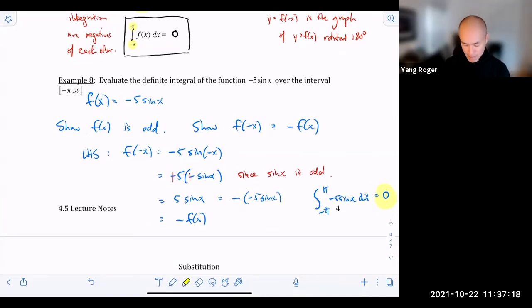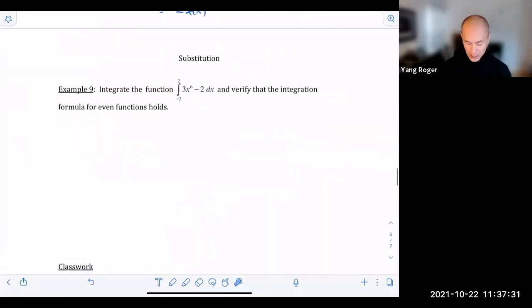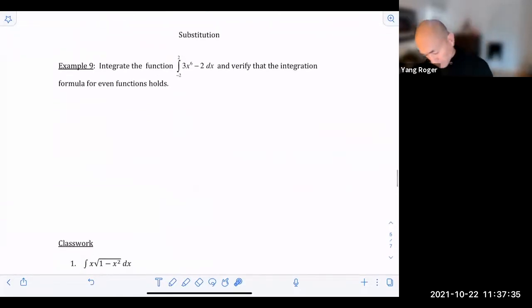So really the work is done in showing it's odd, because the result is just 0. Let's take a look at 9. And then if we have some time, we'll work on a couple problems.